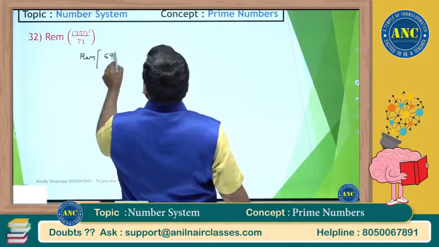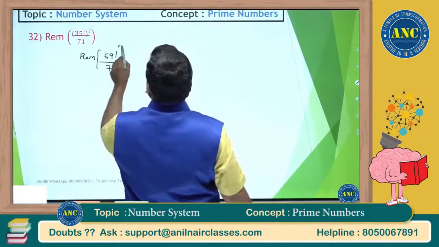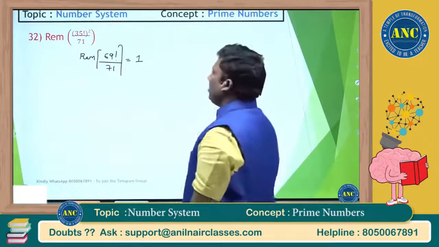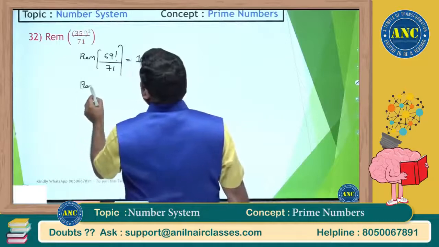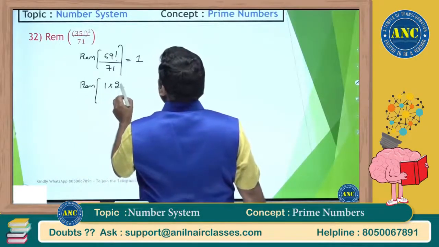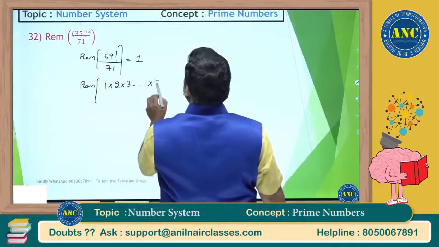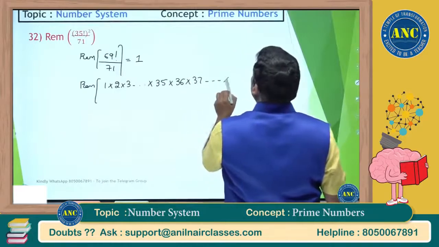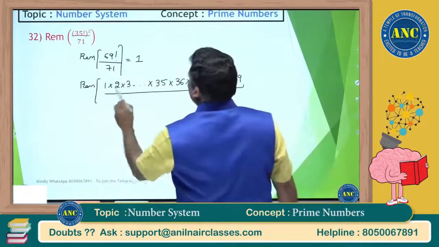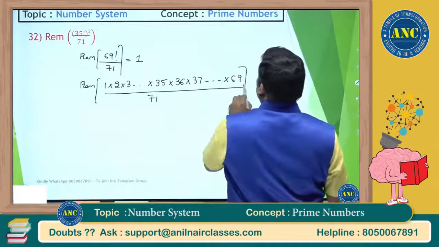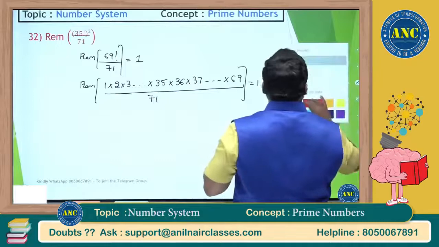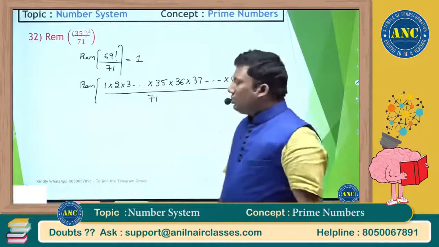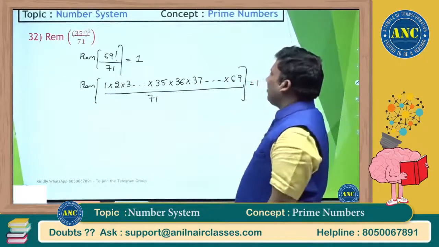So if I use p minus 2 factorial, 69 factorial by 71, it is 1. 69 factorial can be written as 1 into 2 into 3 till 35, then 36, 37 and so on up to 69, divided by 71, it is 1.